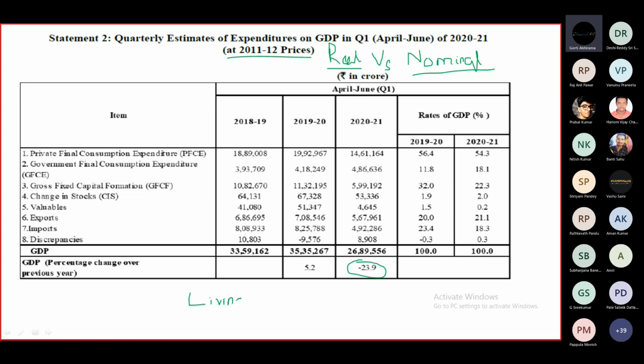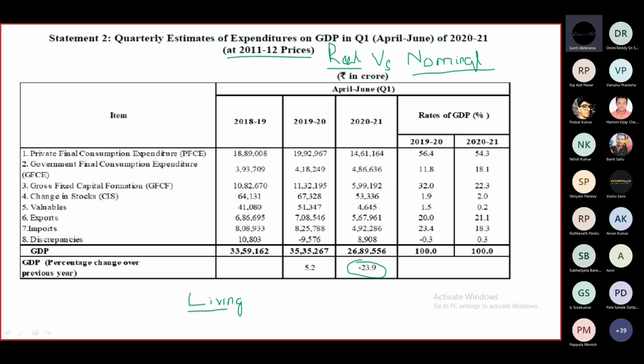However, this living standard proxied by our real GDP, though it is a very good proxy, has some limitations as well. We'll not venture into those limitations now.